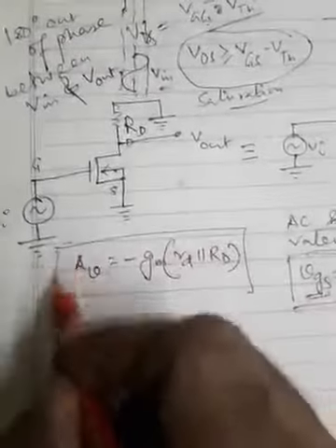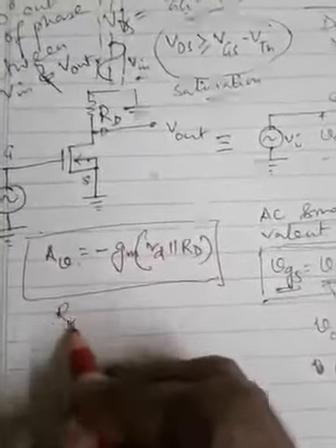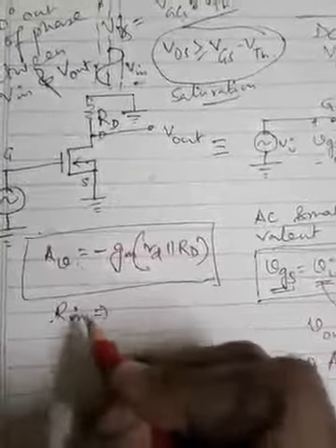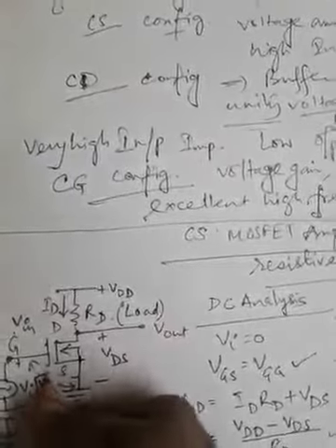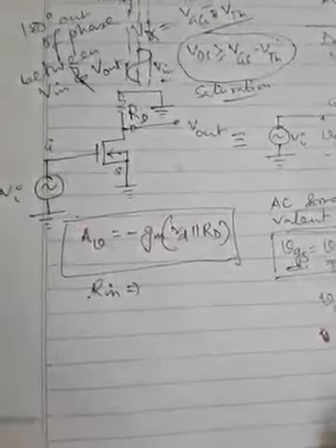Now let us find the next parameter, which is Rin, the input resistance. For a MOSFET, if you look from here, this is the input resistance, and at the input there is a MOS capacitor. That means it is an open circuit. It is represented as an open circuit here.